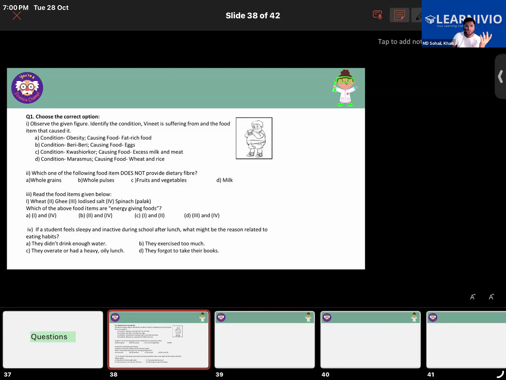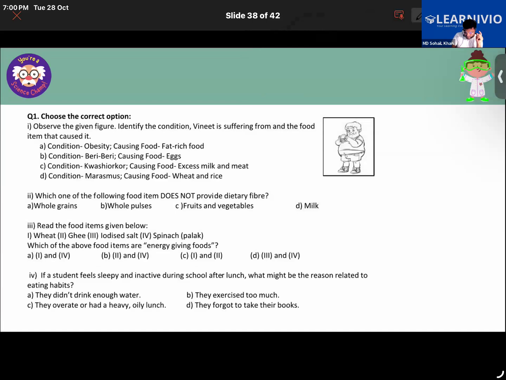For example, what do we say? I'm forgetting the name of that. You have got broccoli, which is a very good source of vitamin K. What is the name of this food item?